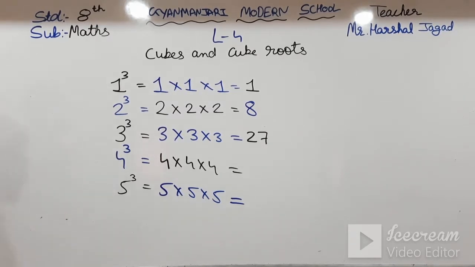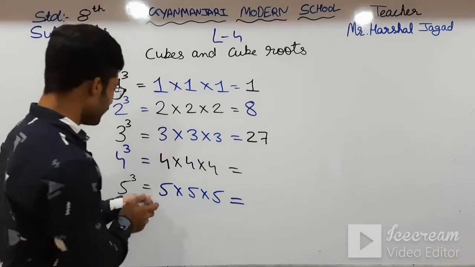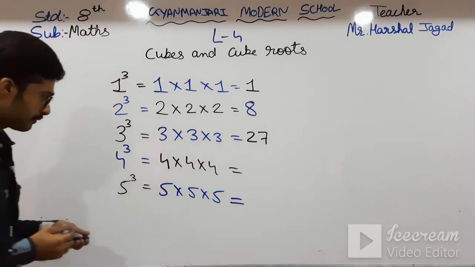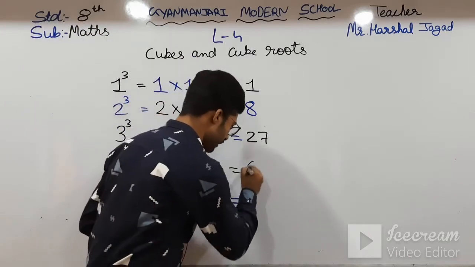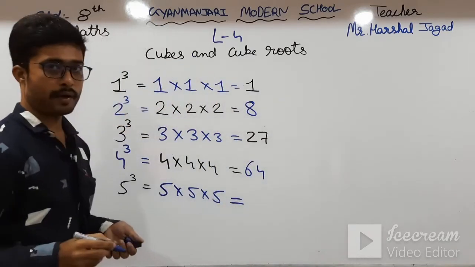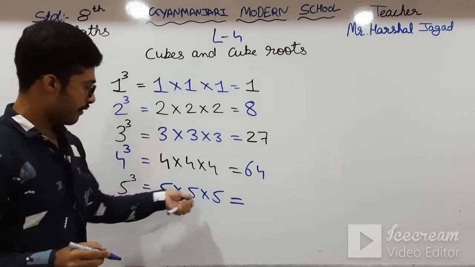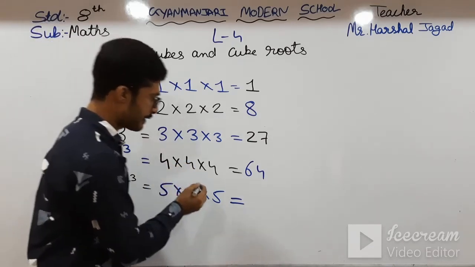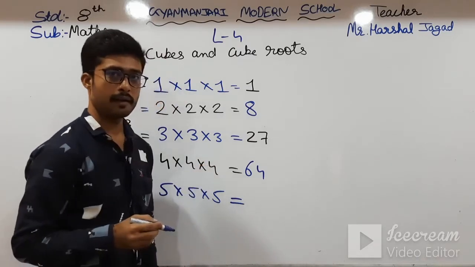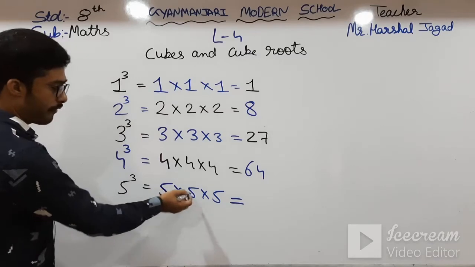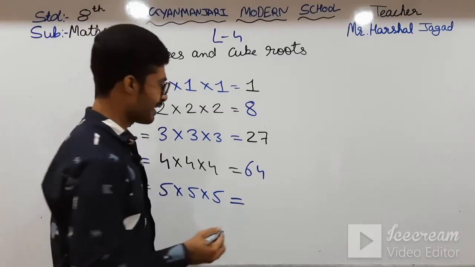Have you done, students? What will be the cube of 4? Can anyone tell me? 64. Okay, students. Here 4 fours are 16, 16 fours are 64. And 5 fives are 25, 25 fives are 125.